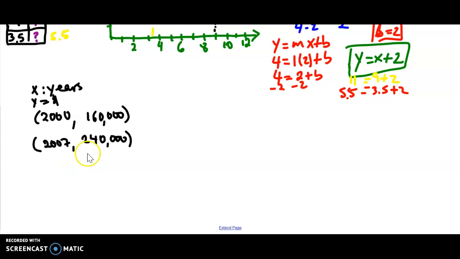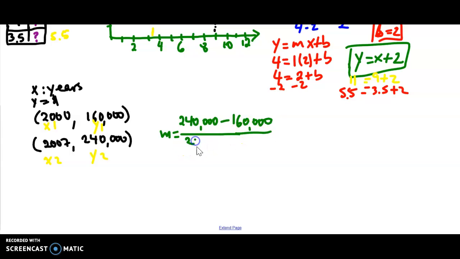So I can start by finding my slope. So let me label x1, y1, x2, y2. So I have m equals y2 minus y1 over x2 minus x1.